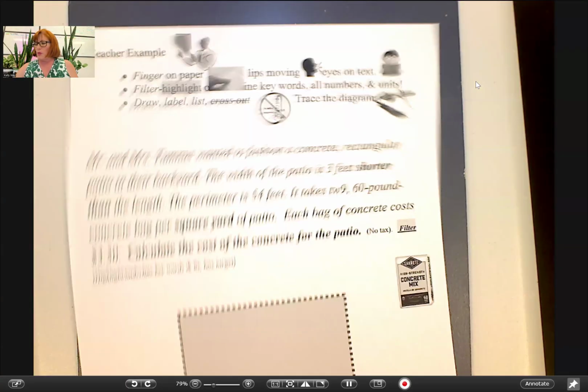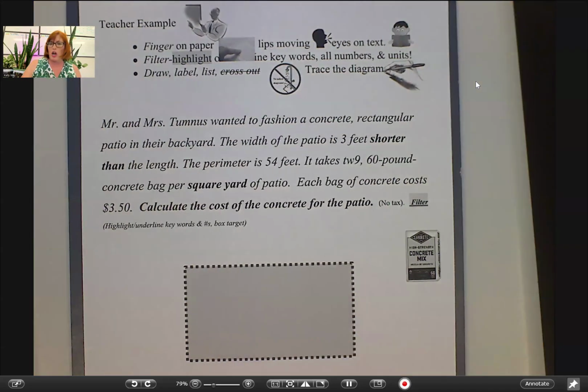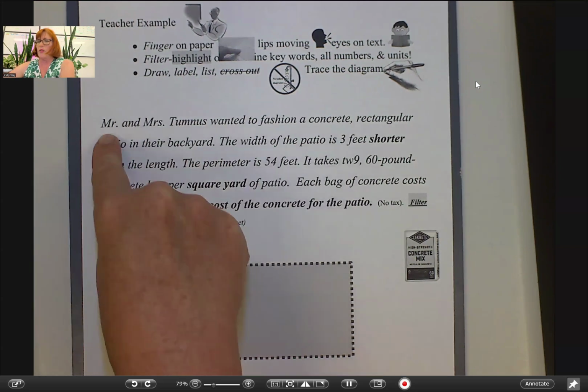Okay. Let's do another problem together, a little bit more involved. After this, you're going to get a shot at some extra credit. Follow along. Step 1, finger on paper right there.